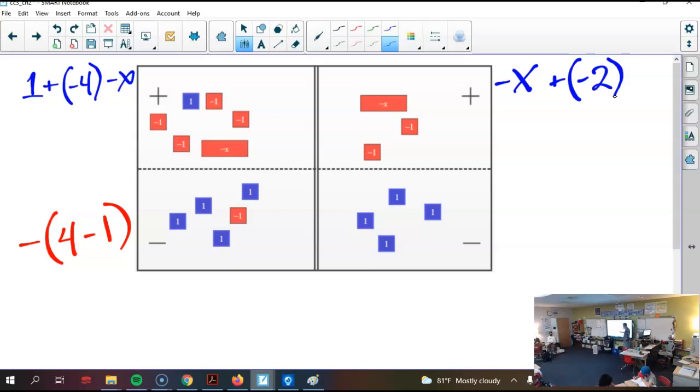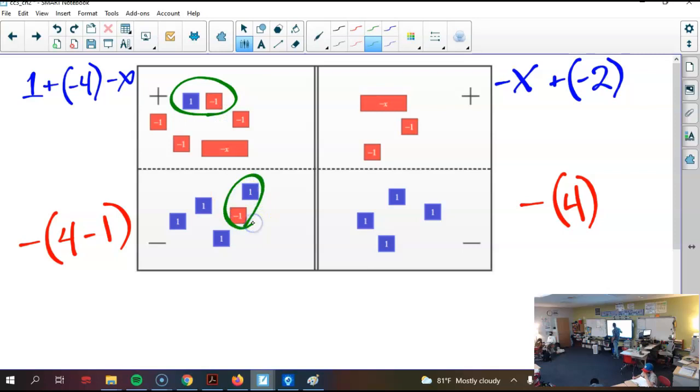And then what are these? Yeah, the opposite of 4, right? So the opposite of 4, or you could just write negative 4. But if I write it kind of how it looks, it's in the opposite side, opposite of 4. Okay, now, when we clean this up, those are 0. Those are 0.